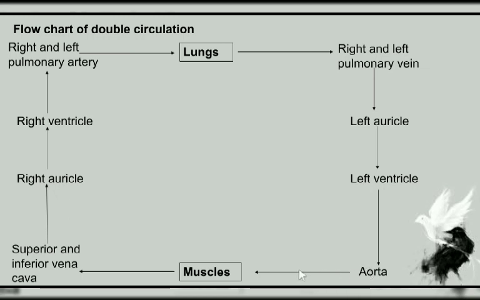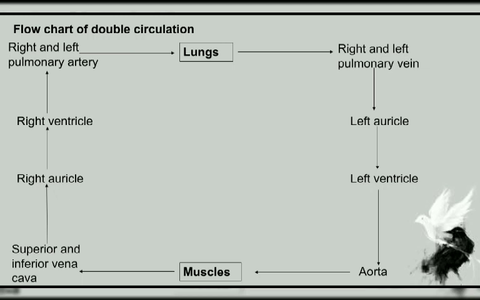The aorta transfers the oxygenated blood into the muscles, and inside the muscle we all know that C6H12O6 is present, and that combines with oxygen and is converted into carbon dioxide, water and energy. That carbon dioxide is transferred with the help of the superior and inferior vena cava to the right auricle, right ventricle, then into the right and left pulmonary arteries, then into the lungs, and here carbon dioxide will be released from the body.